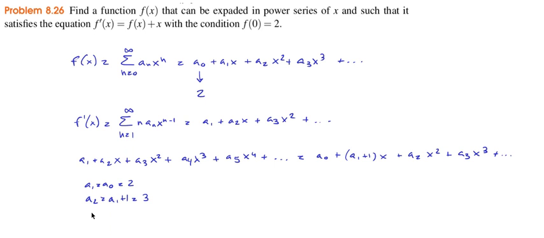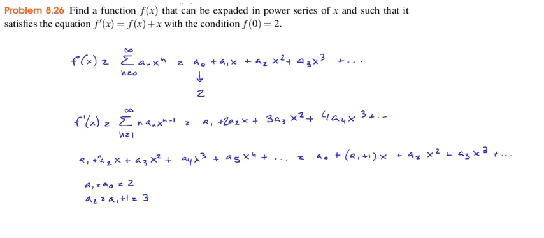Oh yes, sorry about this. The left side was a1 plus 2a2x plus 3a3x squared plus 4a4x cubed, and so on.